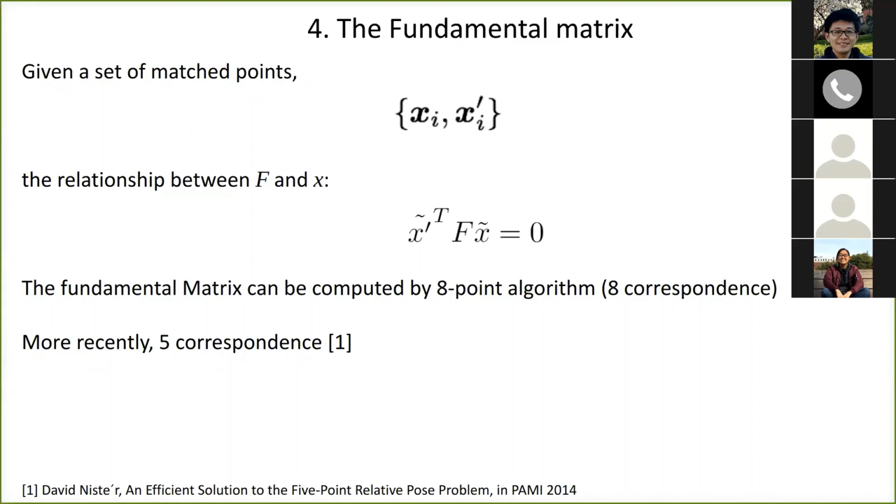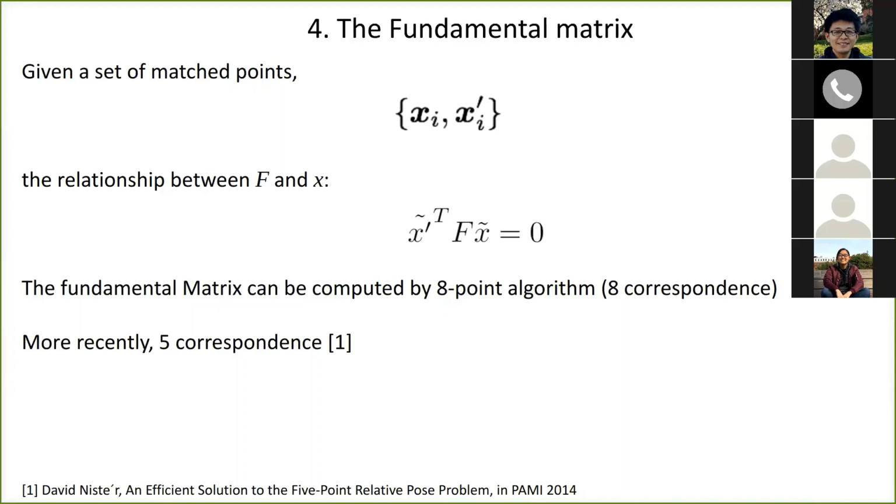As we said before, in order to get the fundamental matrix, we need some matches. If we have enough matches between the two different views, the algorithm to compute the fundamental matrix is called the 8-point algorithm, because it is the most fundamental and essential algorithm to solve the relationship between X prime and X, and further get the fundamental matrix.